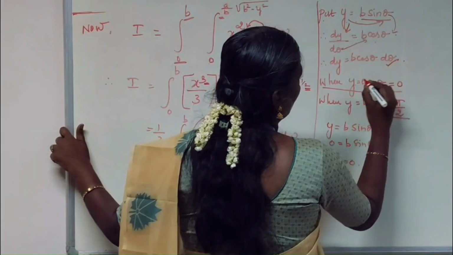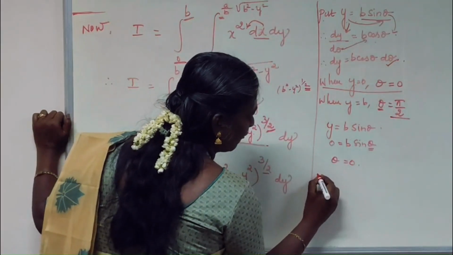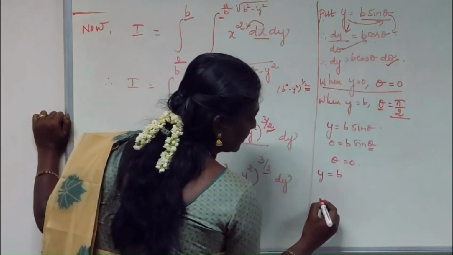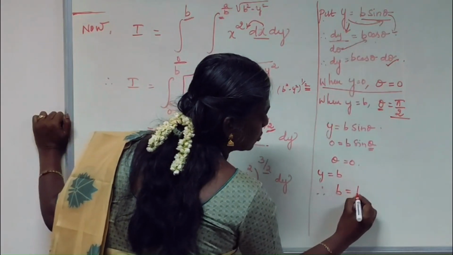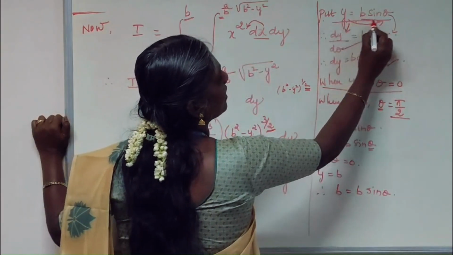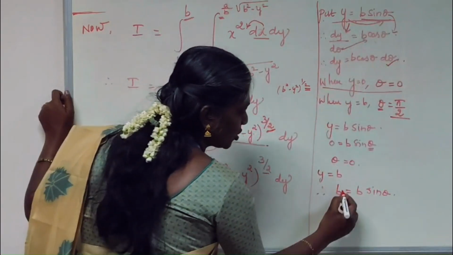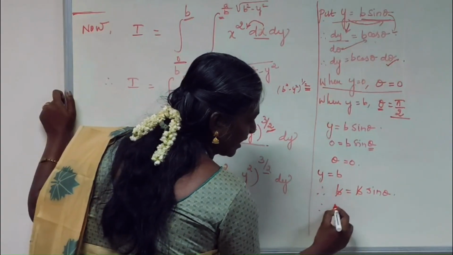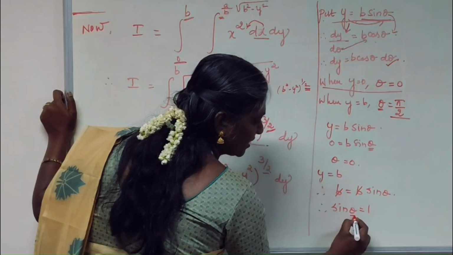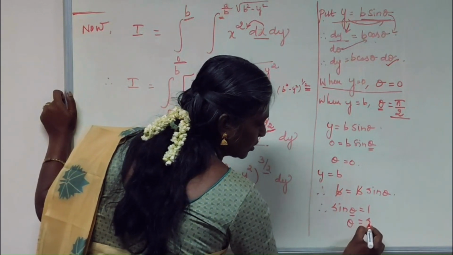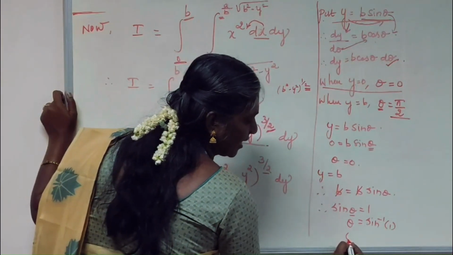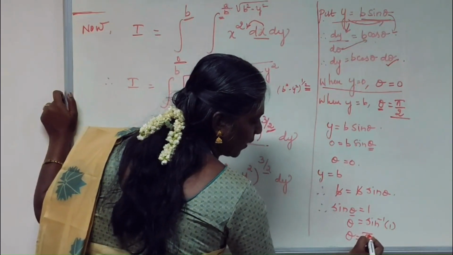And what is the upper limit of y? Y is equal to b. Therefore, b is equal to b sin theta, because y is b sin theta. So b gets cancelled, and sin theta is equal to 1. We need the value of theta, so theta is equal to sin inverse of 1. At that time, theta is equal to pi by 2.